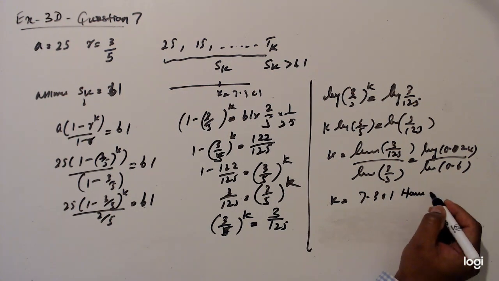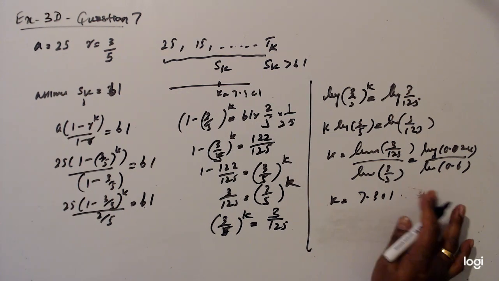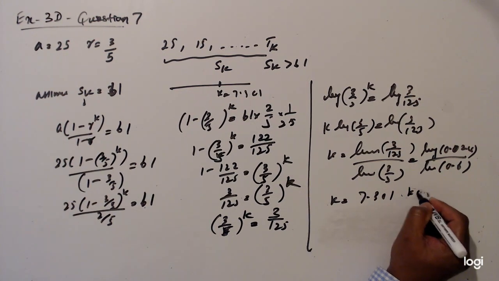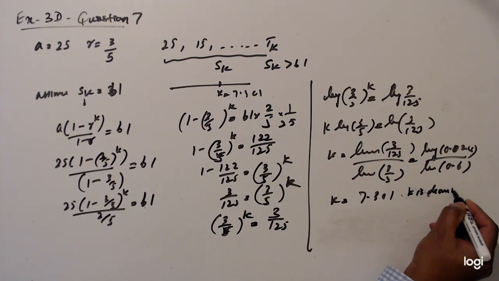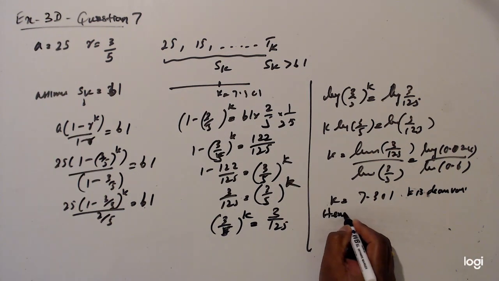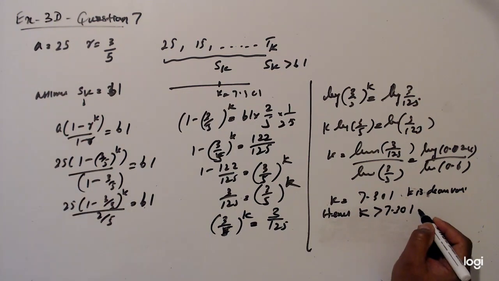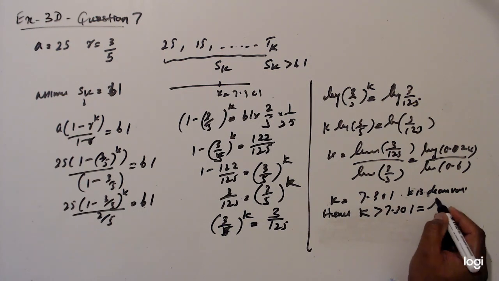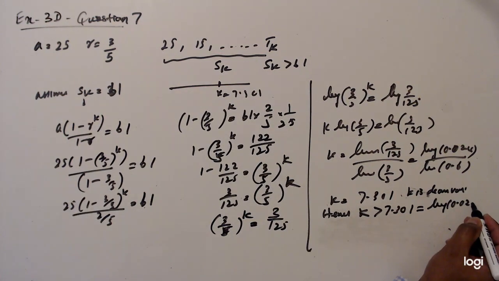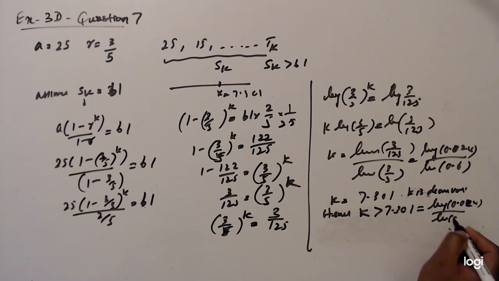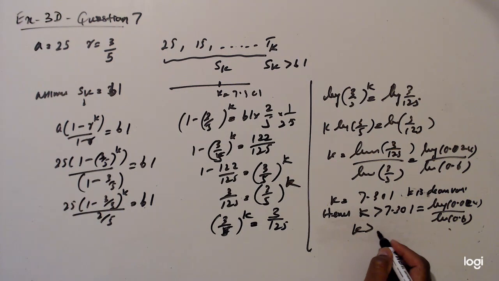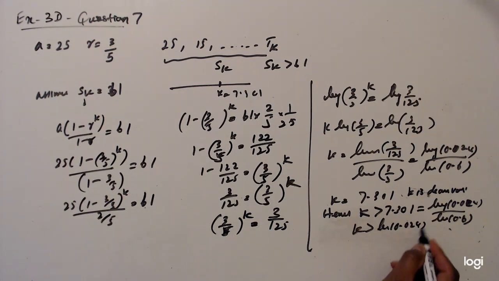Hence k is a decimal value. Hence k should be greater than 7.301. That is log 0.024 over log 0.6. If you want to rewrite, log 0.024 over log 0.6.